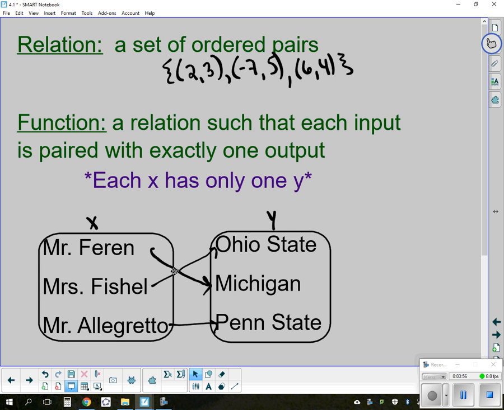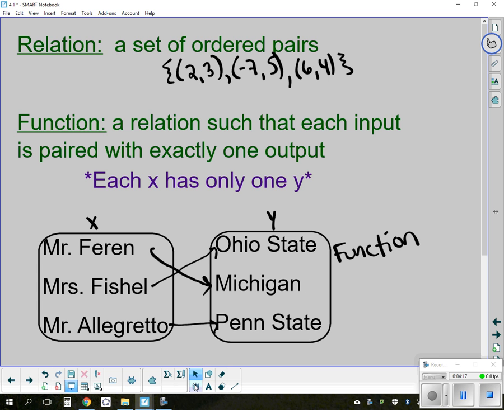Mr. Farron only likes Michigan. I only like Ohio State. Mr. Allegretto only likes Penn State. So that would be a function, because in this relation, each x is only going to one y. Okay? So as this is written, we have a function.